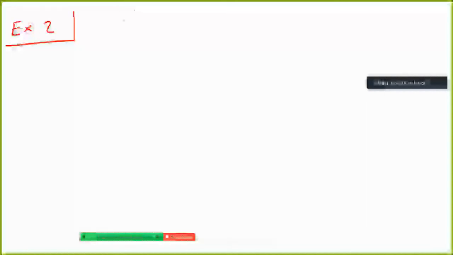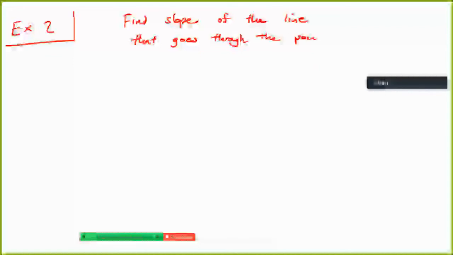So example 2, find the slope of the line that goes through the points (2, 7) and (5, 3).